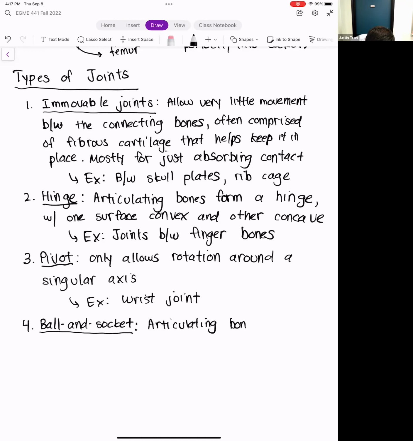And the ball and socket joint allows the greatest degrees of freedom of movement of all the other joints. And so generally speaking, you are allowed to have rotation in all three principal planes.